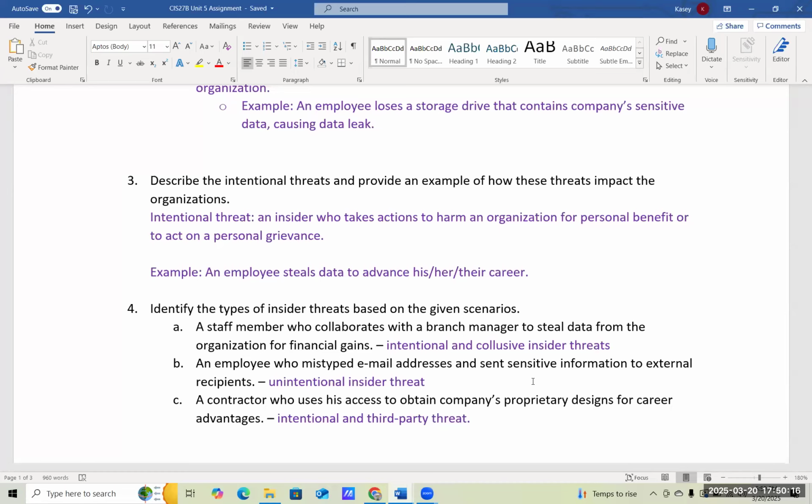And because they collaborate, one with the next, the employee and the manager, that is a collusive insider threat. B, an employee who mistyped email addresses and sent sensitive information to external recipients. This is an unintentional insider threat, right? They made a mistake.